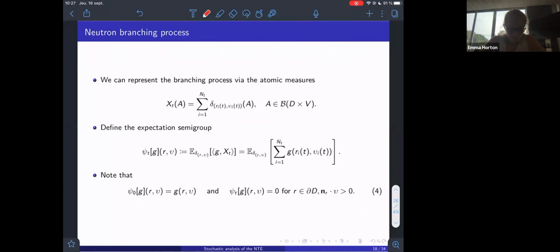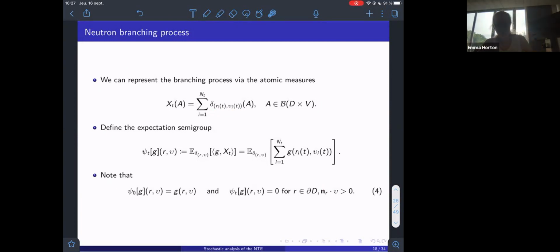Based on these dynamics, we can formally represent the branching process by these atomic measures X_t. All I do is take a unit mass and place it at each of the configurations for each of the neutrons and then add them all up. This is my branching process.